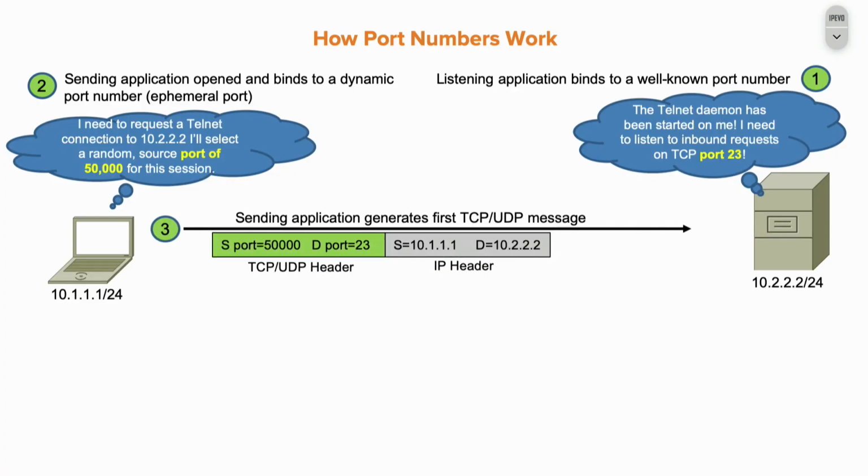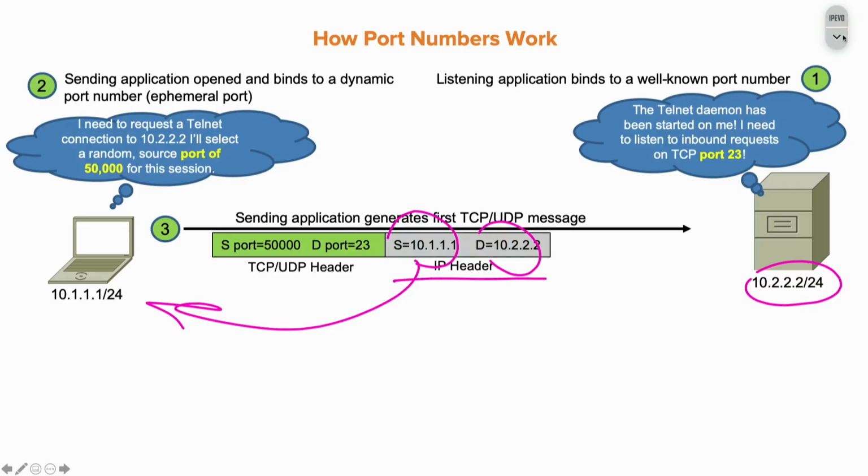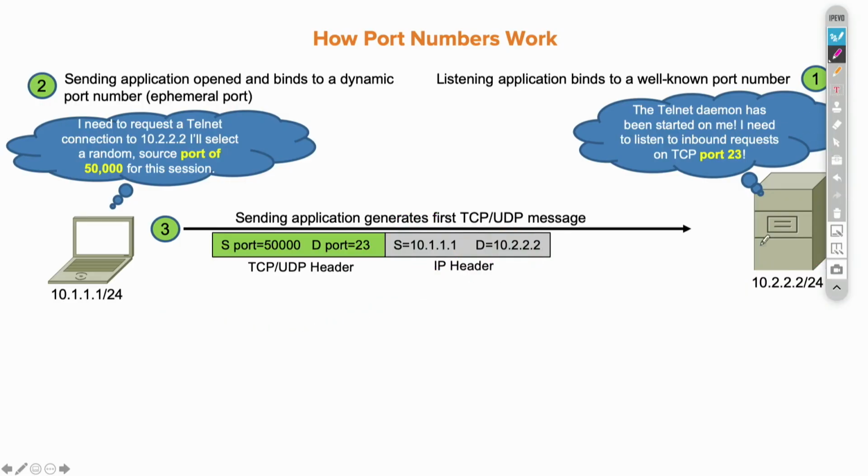So now he creates his telnet packet. So notice in the telnet packet what we have here. In the IP header, we've got the destination of 10.222. We've got the source of where it's coming from, 10.111. And then in the TCP or UDP header, because they both use port numbers, now in this case it's telnet, so it's going to be TCP.